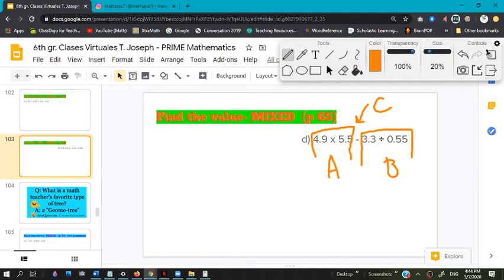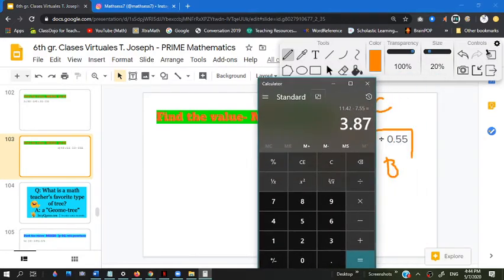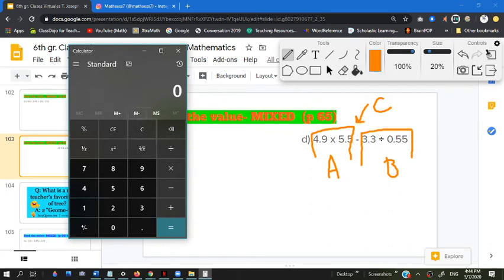Now you already know how to multiply a number like 4.9 times 5.5. So it should be pretty simple. Again, I'm going to clear my calculator really well. 4.9, which is approximately 5, times 5.5, so 5 times 5 is 25. This is going to give me approximately 25, maybe 26.